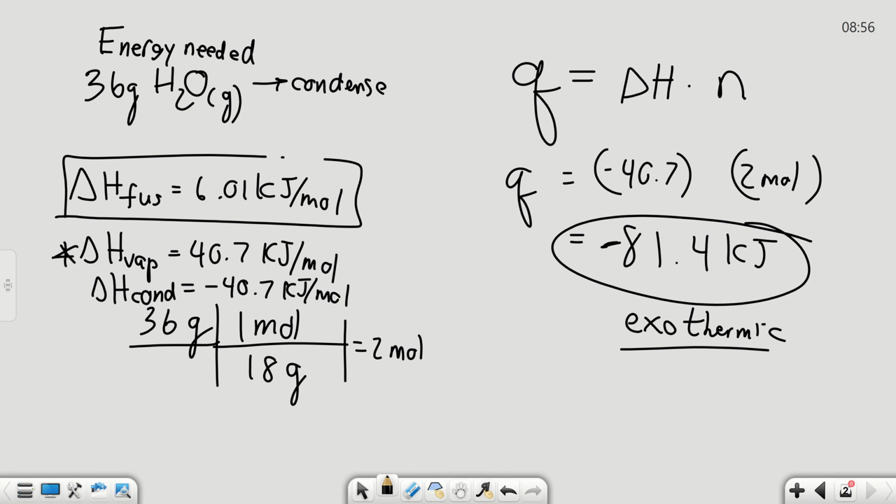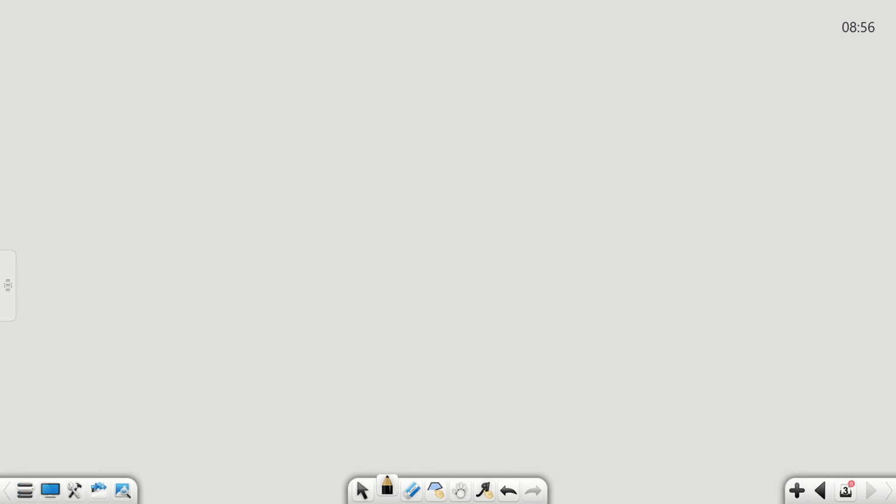Now, I could add a little bit more difficulty to this. I primarily only will do this with water because we know the numbers. But I could say something like, hey, I have 30 grams of, well, let's do another number, let's just say 18 grams of water at, let's say, 70 degrees Celsius.